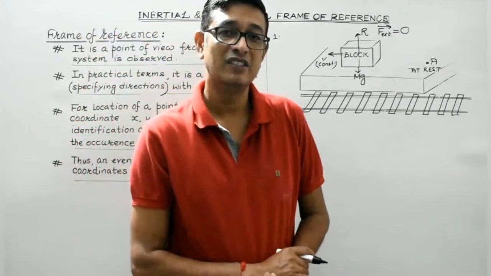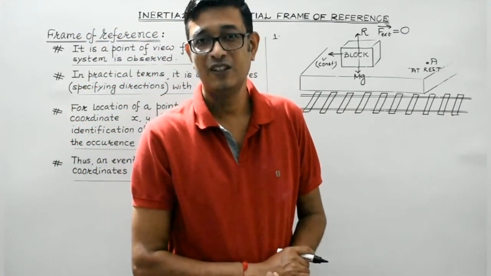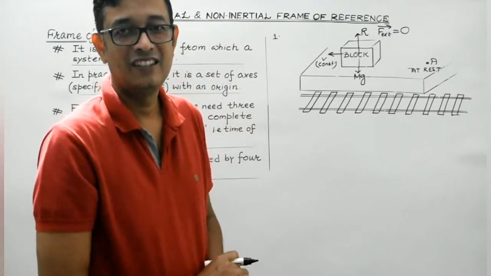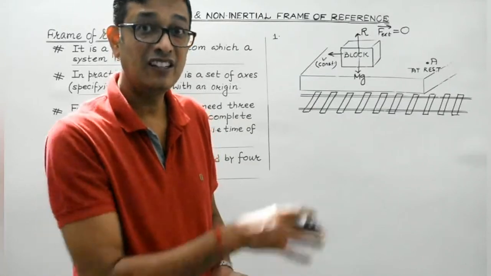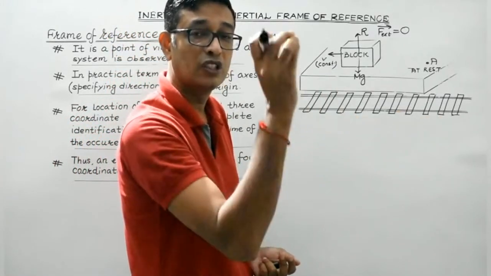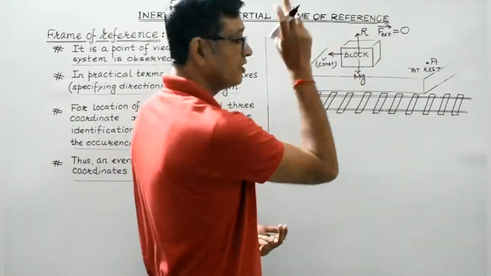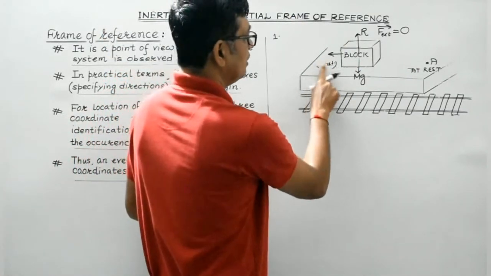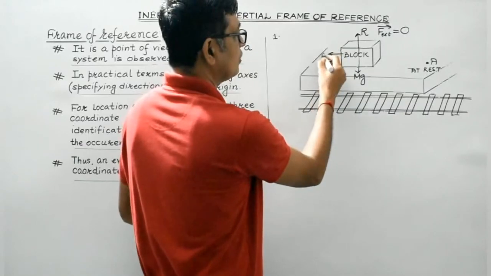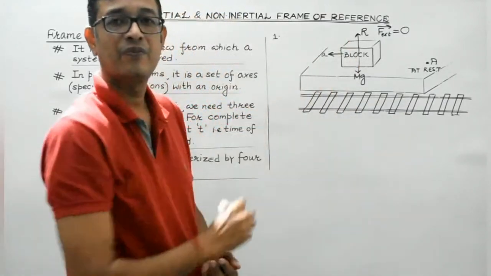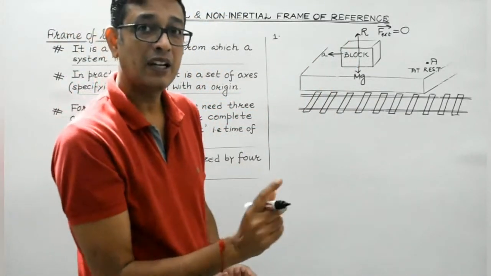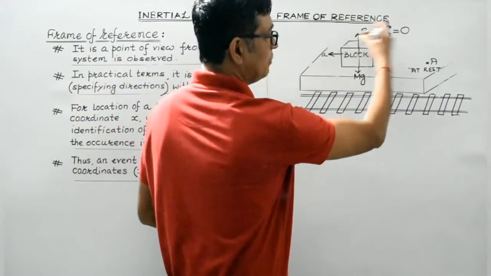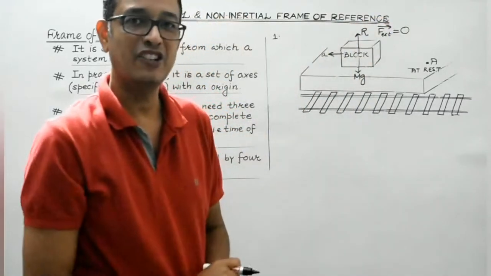Now consider, students, observer C, who is sitting in a train which is accelerating with constant acceleration A. To observer C, watching this block through the window of his train, it will appear as if the block is having acceleration in the opposite direction. So to him it will appear as if some fictitious force is acting on this block, making the block accelerate in the opposite direction.